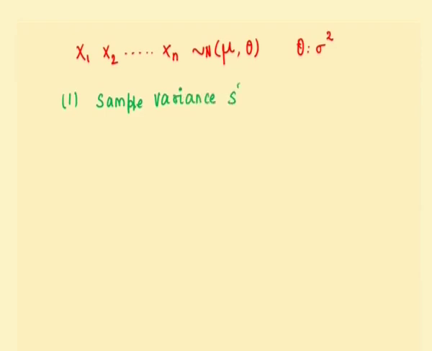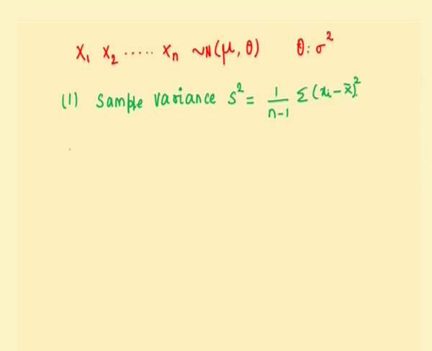So, S square, which is 1 by n minus 1 times the summation of xi minus x bar the whole square. This part can be calculated from the sample. X bar is the sample mean, and we calculate it, finally we reach this form.